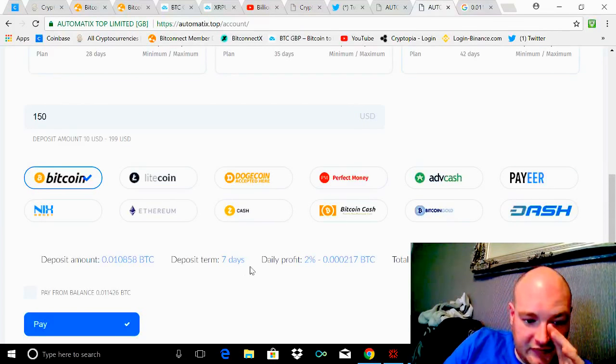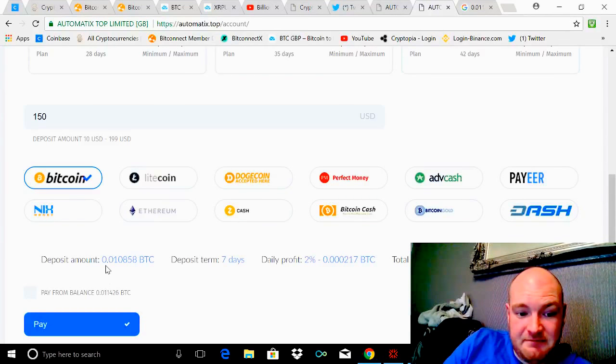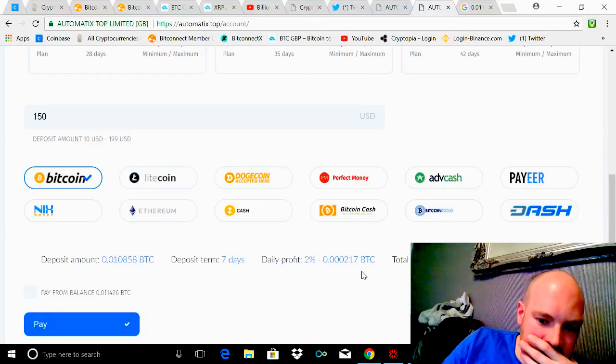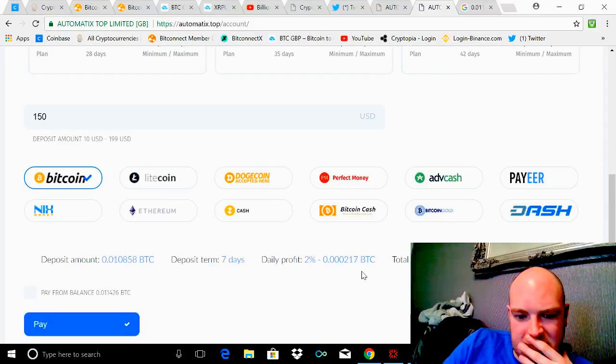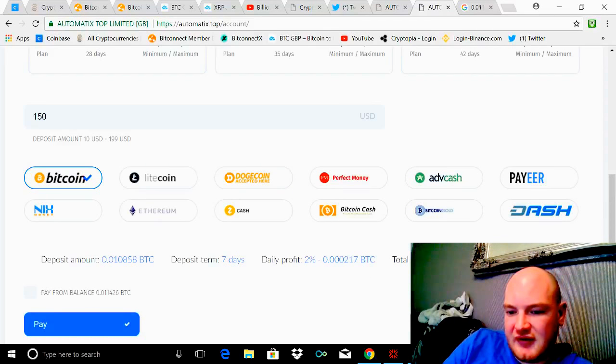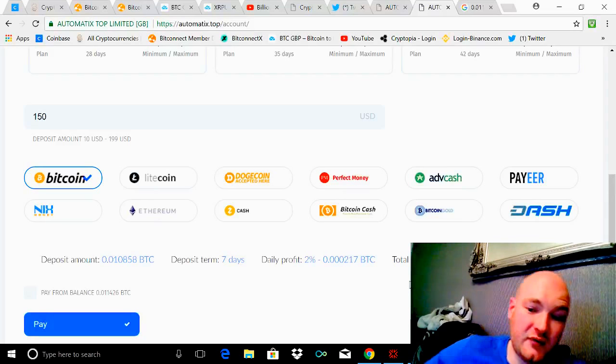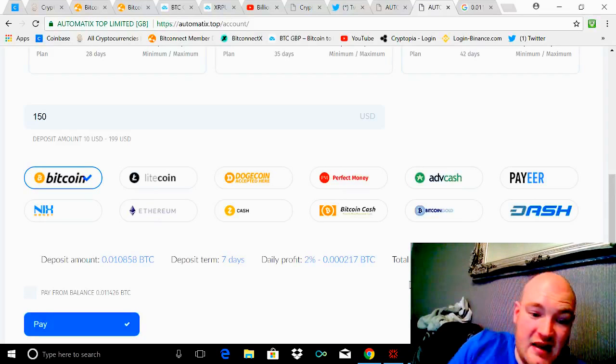This will be locked in for 7 days. 0.010858 BTC, and it'll pay me a daily profit of roughly about $3. So over the 7 days, it's another $21 worth of BTC.